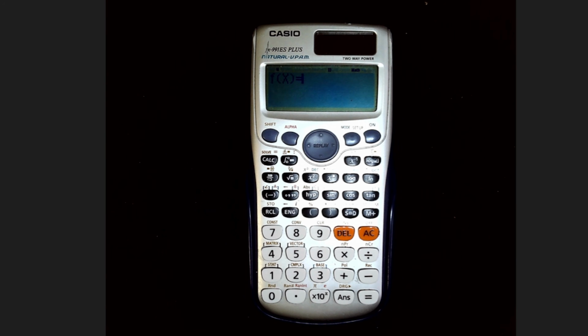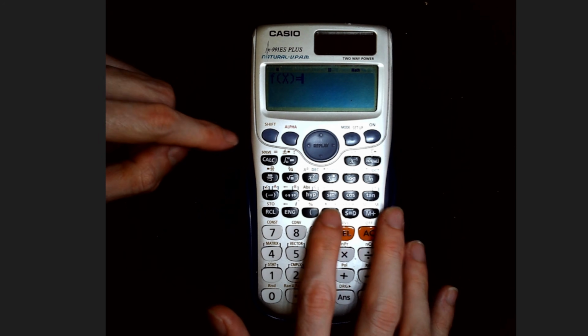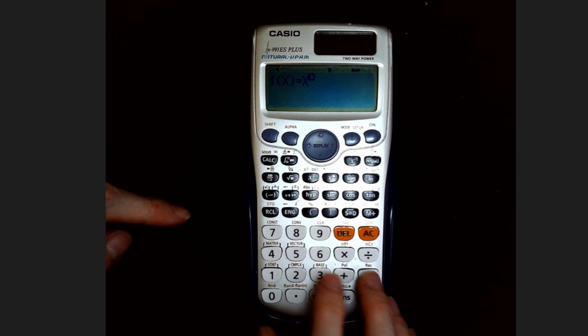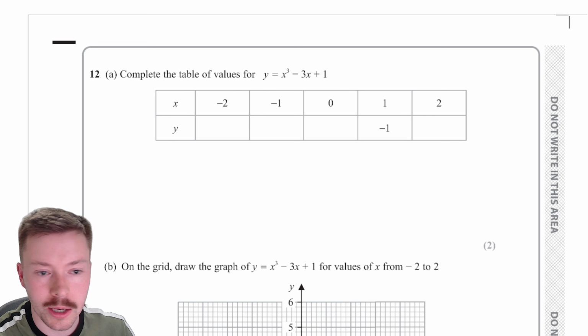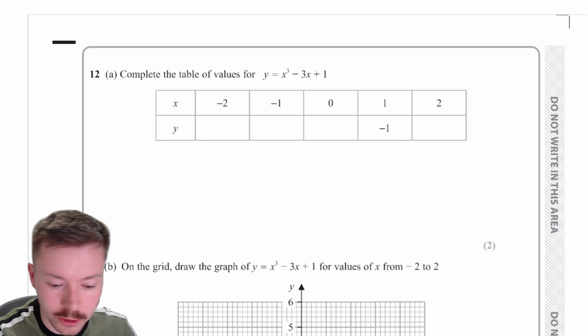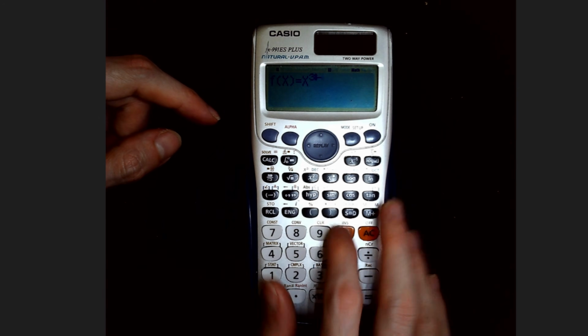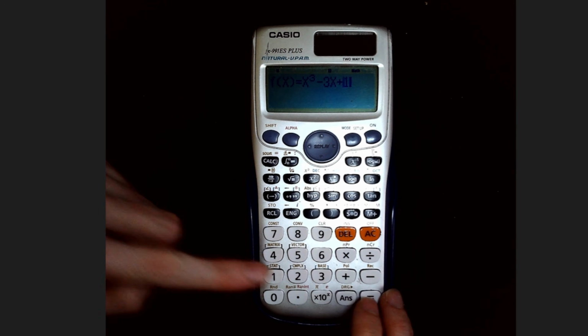My x on here is in red, so I need to press alpha and then x. I press the power button, x cubed, and it's minus 3x plus the 1. So minus 3x, I need to come out of the power, minus 3x plus the 1.